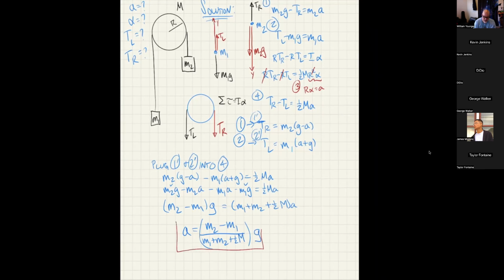So I've now solved for the acceleration. I can use equation 3 to get that alpha is equal to A over R. I can use equation 1 prime to get T right, and equation 2 prime to get T left. I'm going to let you do this for extra credit.